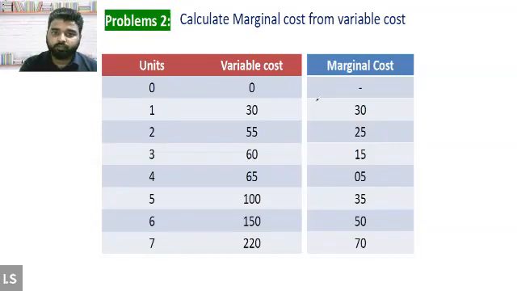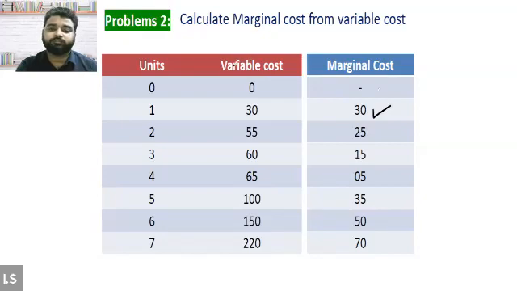He must be producing 0 unit of output, right? And if he was producing 0 unit of output, how much was the variable cost that he must be incurring? Variable cost must be 0. So even if the question starts from the first unit and variable cost is given, in that case also you can calculate marginal cost. Getting my point?